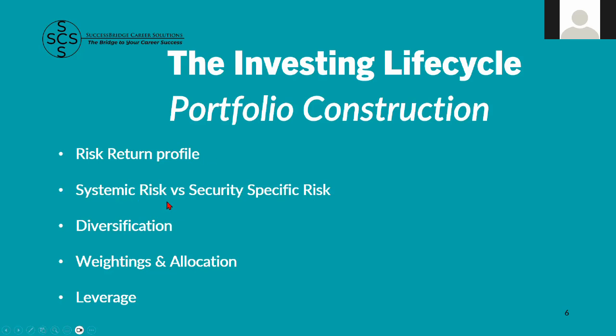So you need to look at systemic, that is market risk, versus security specific risk, and then the question of diversification. You don't want securities which are exactly similar. You want securities which have a negative correlation or no correlation among them. So depending on that, the weighting scheme and the allocation across the portfolio will happen.